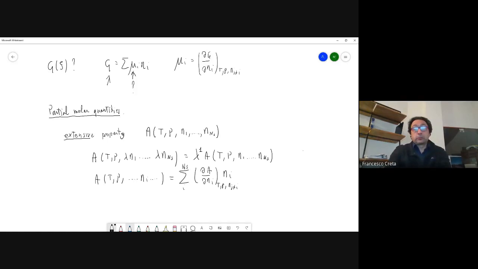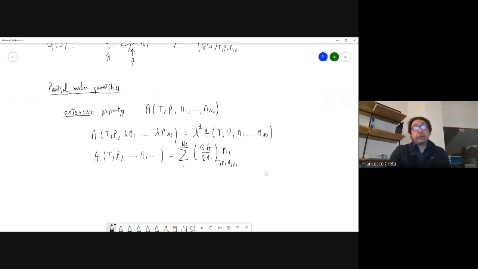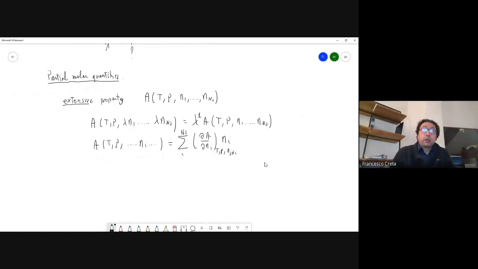Now, by definition, and this is a total definition, we define this quantity here, dA by dNi, so this derivative here, is again calculated at constant temperature, pressure, and Nj, with j different from i, and we give it the name A subscript i.